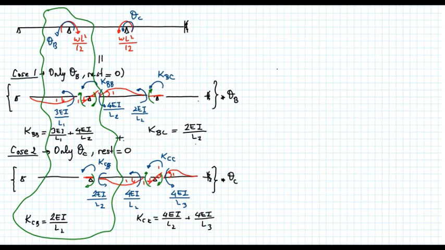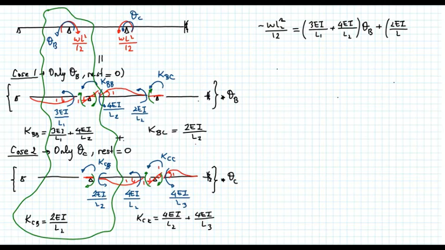I have a clockwise moment here, so minus W L square over 12 is equal to 3EI over L1 plus 4EI over L2 multiplied by theta B plus 2EI over L2 multiplied by theta C. So this is my first equilibrium equation.